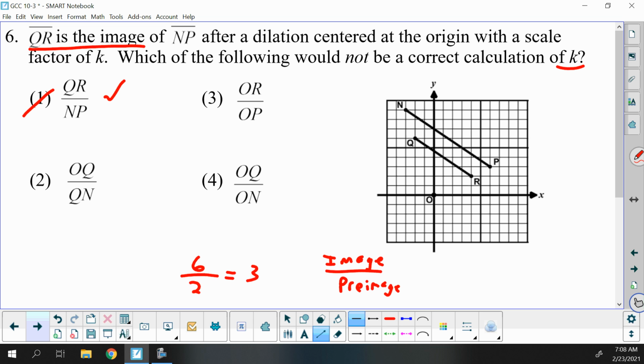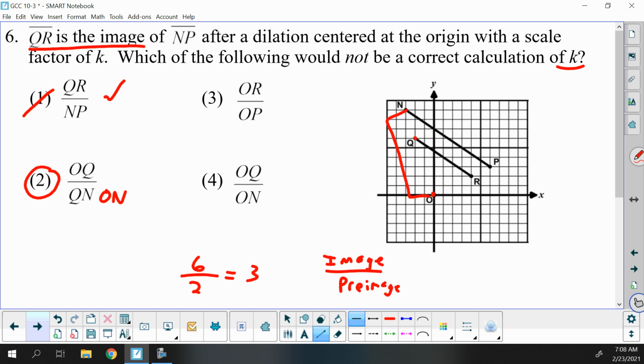If we go down to 2, O to Q, so here to here, so that's length in our image. The thing that should correspond to is O to N, but they have Q to N. So therefore that's going to be our one that we want.